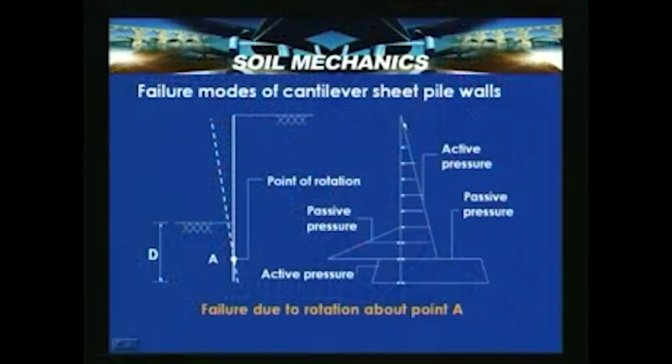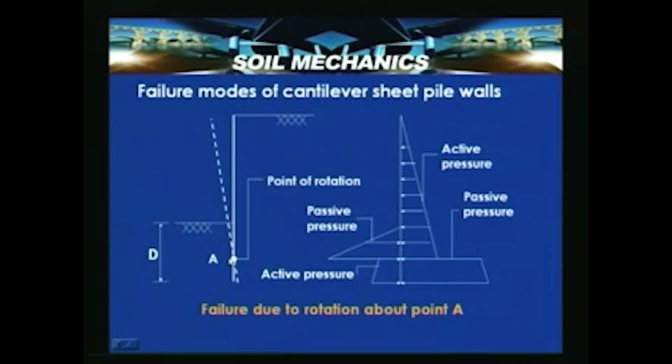When you draw a net pressure diagram, this is the active pressure which we get, this is the point of rotation, this is the zone where the passive pressure is there, this is the zone where the active pressure is there, and this is the zone where the passive pressure develops. If there is a surcharge, then the additional pressure due to that surcharge will come into the picture with multiplication by the Ka factor. So this is the earth pressure diagram for this case.